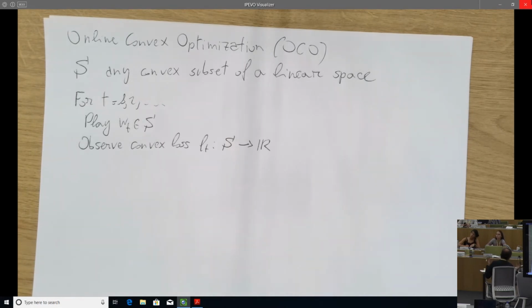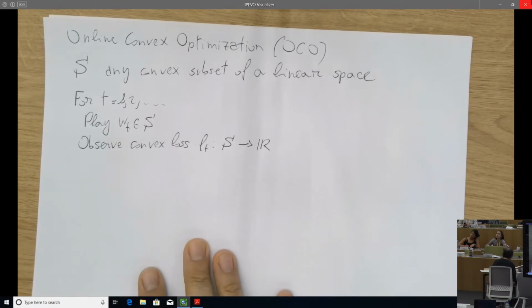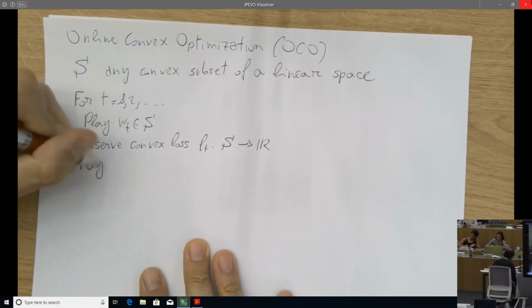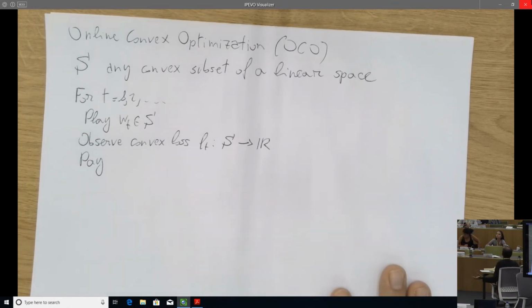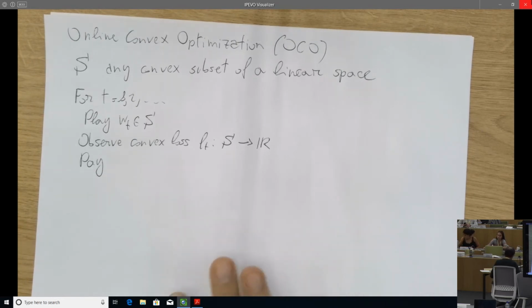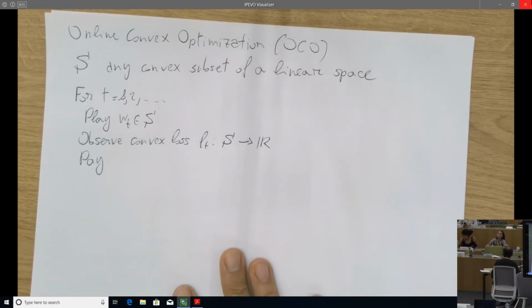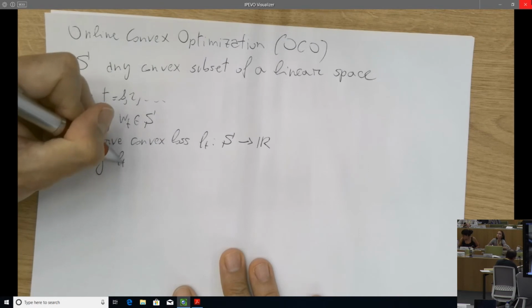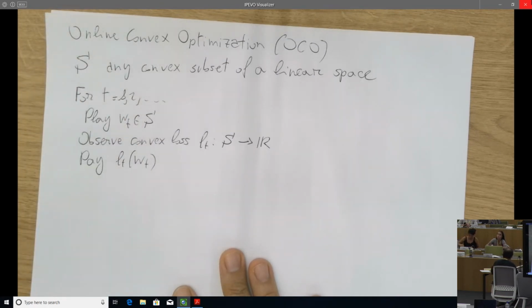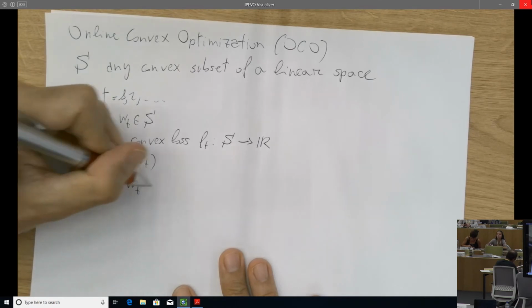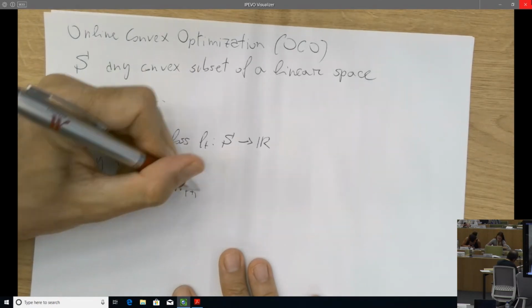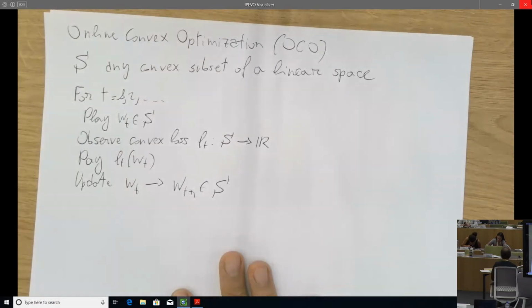In general, it can be any convex loss. You remember the convex loss could be the square loss in linear classification. We did these examples at the beginning of yesterday's class. We pay L_t of w_t, and we update w_t into w_{t+1}, which is still in S.